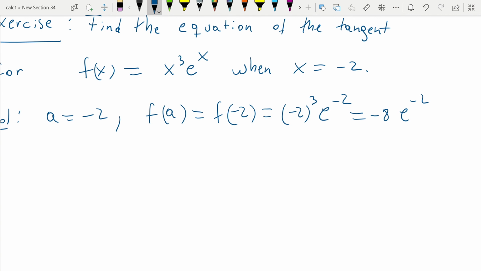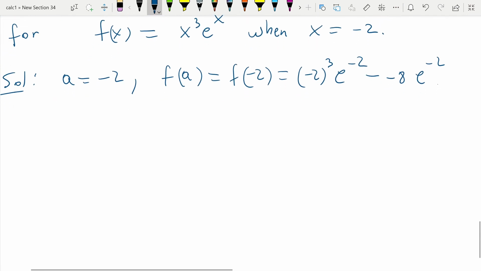So we have a, we have f of a, and we just need to find f prime of a.